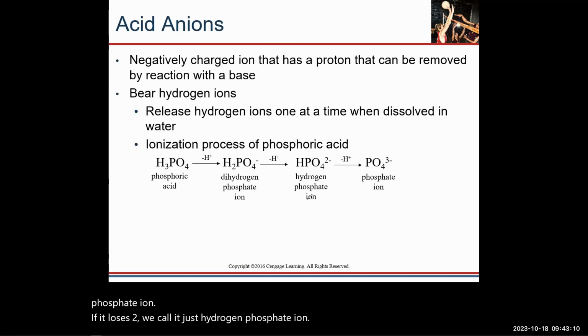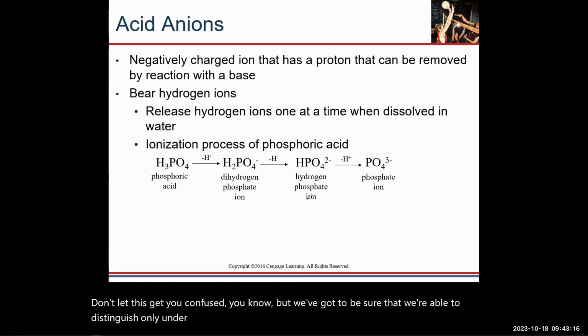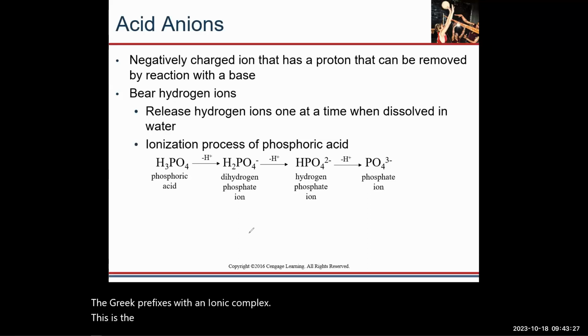Now, don't let this get you confused, but only under these circumstances will you be using the Greek prefixes with an ionic complex. This is the only circumstance that you do that, when it's polyprotic, which basically means it has more than one hydrogen.